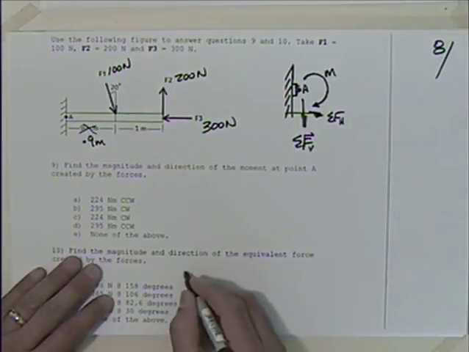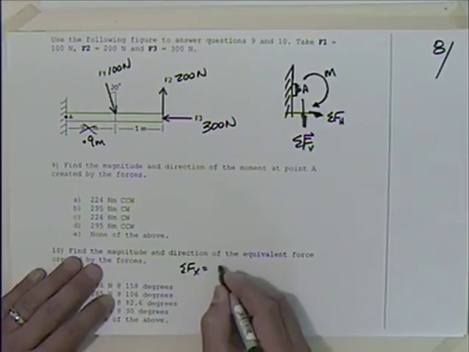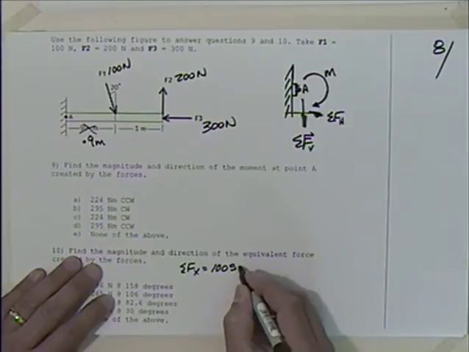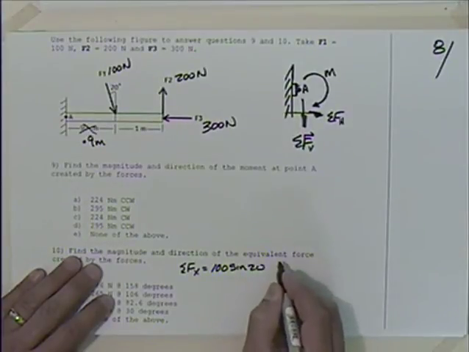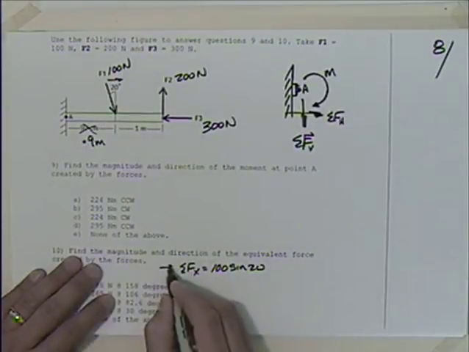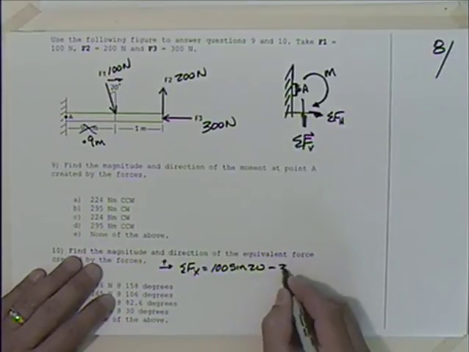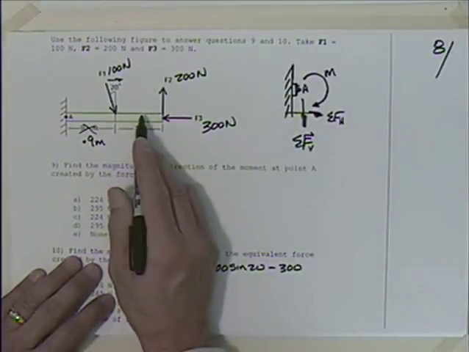So if I take this, I could sum the forces in the x direction, which would be 100 times the sine of 20. Is that right? Yep, that's going to the right. We'll take positive to the right. Minus 300.